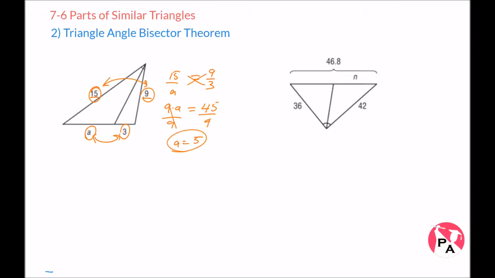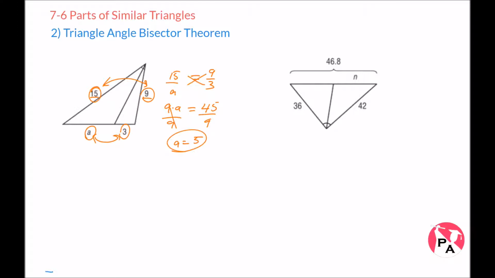For the next example, we are going to do the same thing because what we have is an angle bisector. First step, write down the missing sides if you can. The whole segment is given as 46.8 and part of it is given as n. If we subtract these two, we can find the measure of the segment.